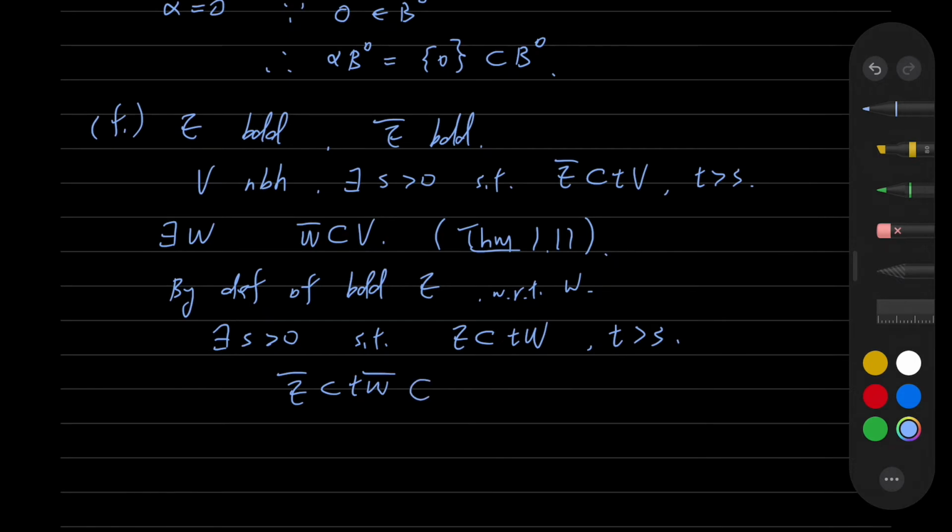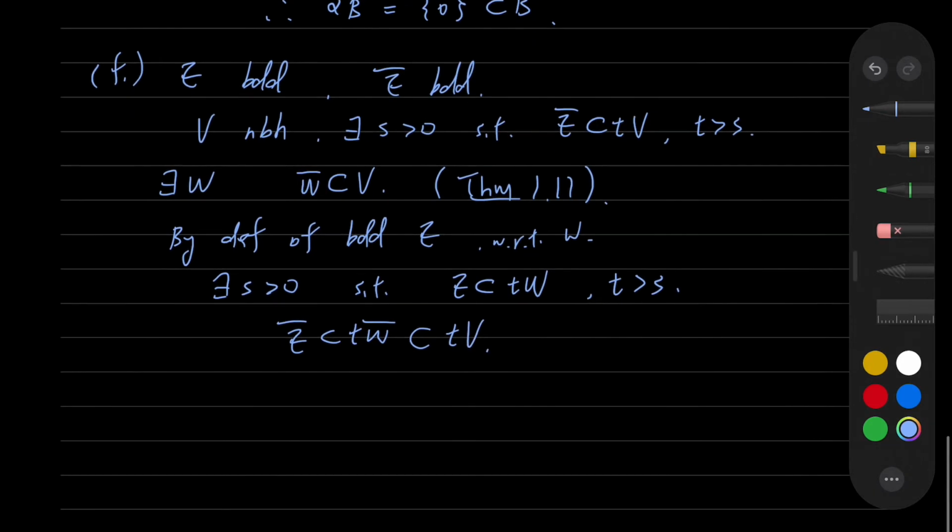Now, the very last step follows from the fact that the closure of W is contained in V. So we prove it.